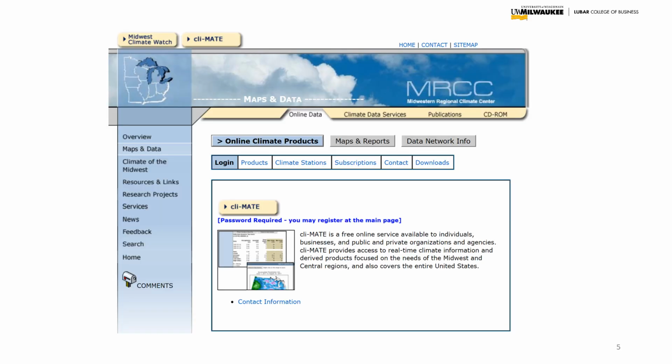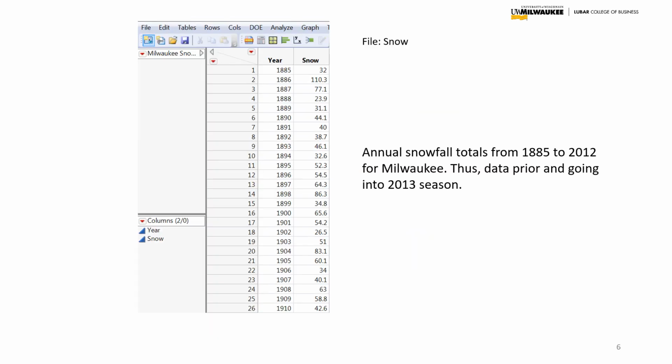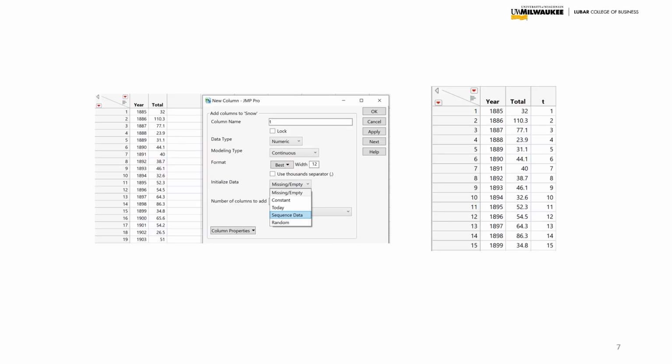Lots of environmental data are publicly available. Here's a site where I found annual snowfall totals for Milwaukee. Here are more than a century's worth of snowfall totals in JMP. What I want to do now is create a time series graph. There's a couple ways of doing that in JMP.